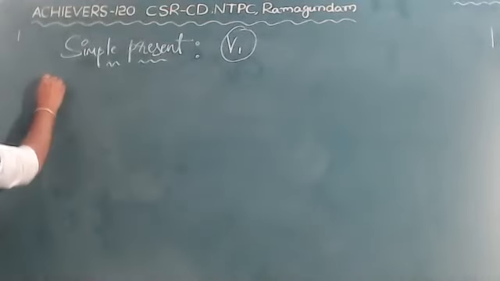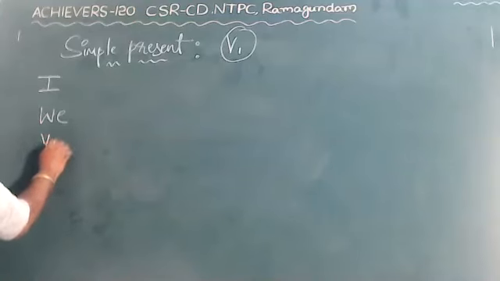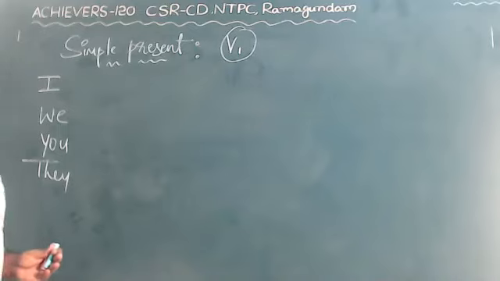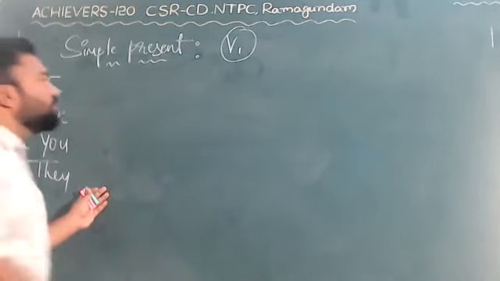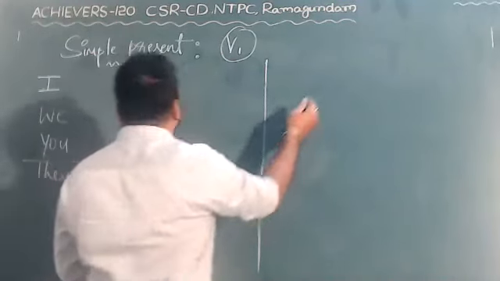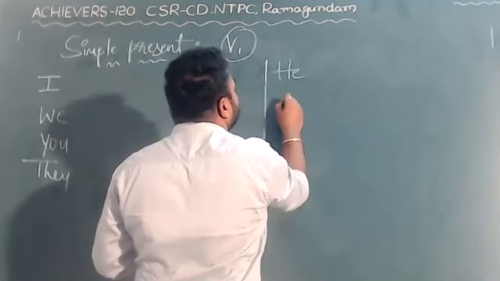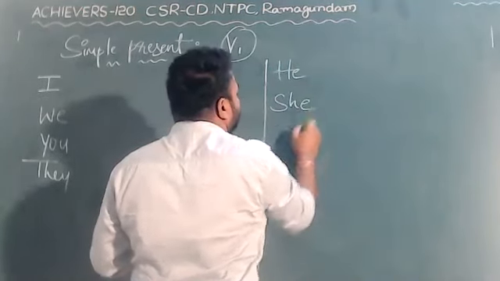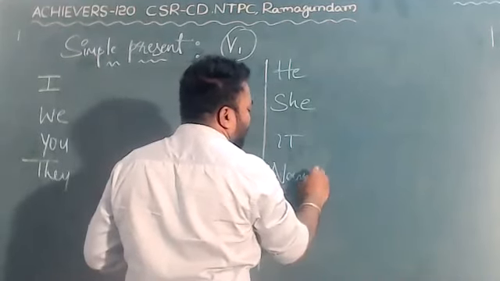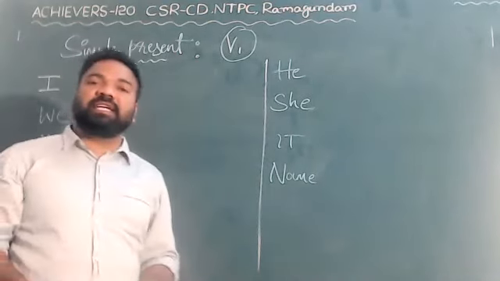What are they? I, we, you, they. This is one set, as I told you on the day. So these are the 8 people we communicate about in the English language.